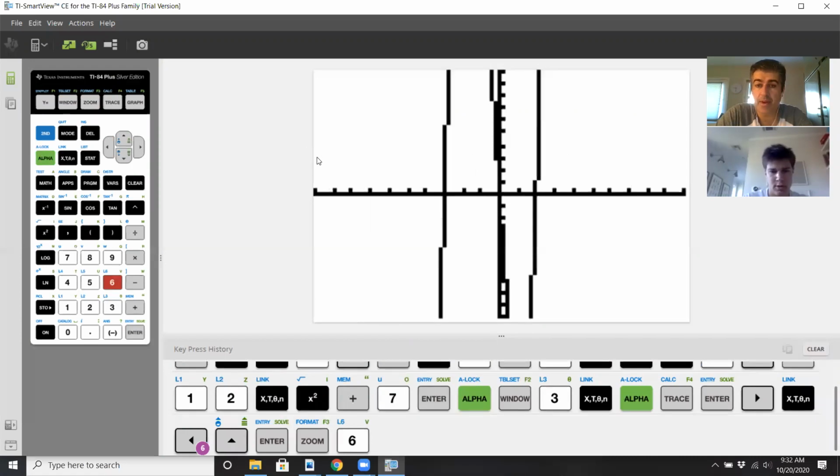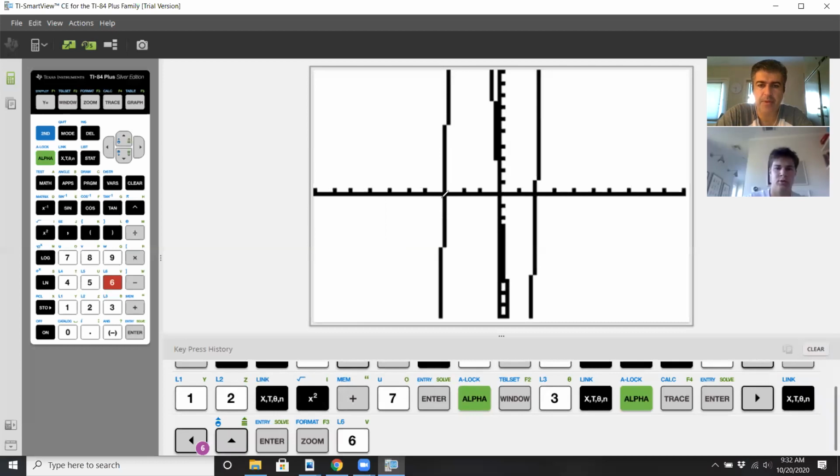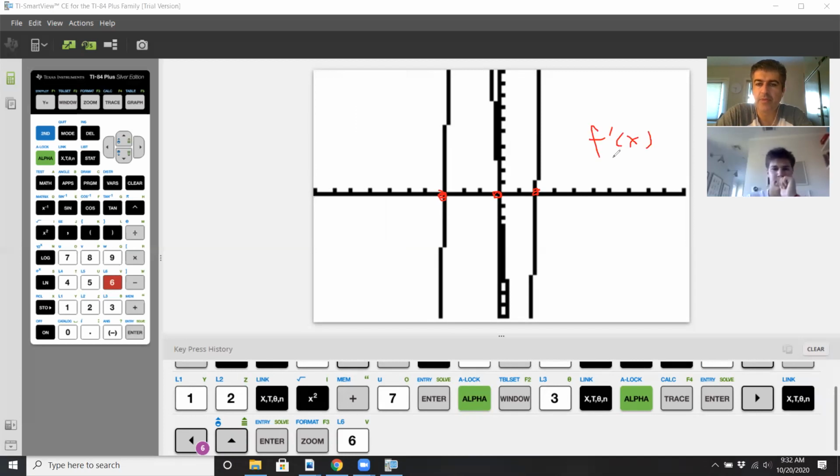Now, this is the derivative graph, mind you. Notice I see an x-intercept here, an x-intercept here, and an x-intercept here. Again, this is the derivative graph. The derivative equals 0 at those 3 places. And that's what we found analytically when we took the derivative, set it equal to 0, and solved for x. So that's the way you can verify your work too. That's why I said no calculator.